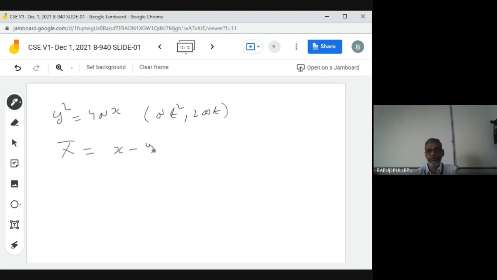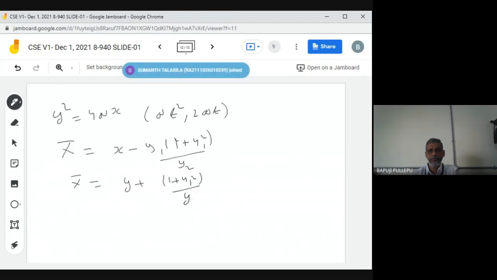X bar is equal to x minus y1 into 1 plus y1 square divided by y2. Y bar is equal to y plus (1 plus y1 square) divided by y2. Correct? Now come on, y1 we will get; suppose x is equal to at square.